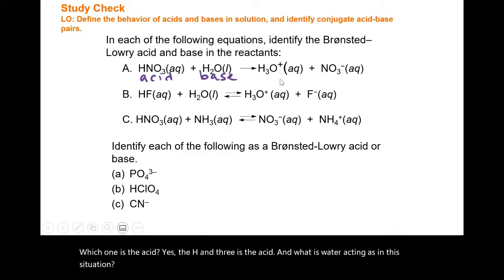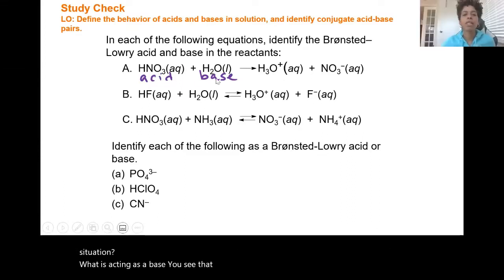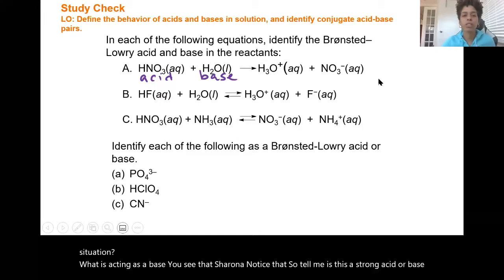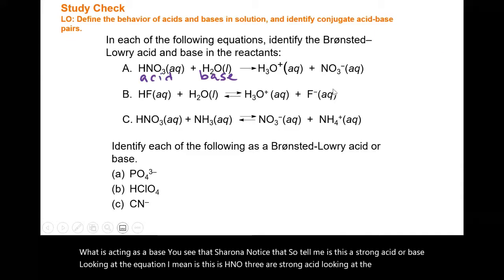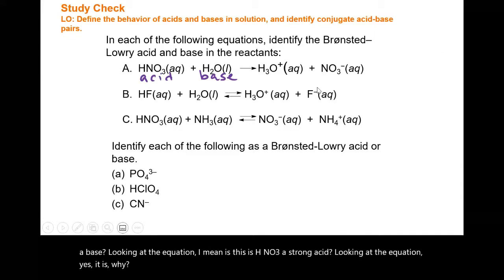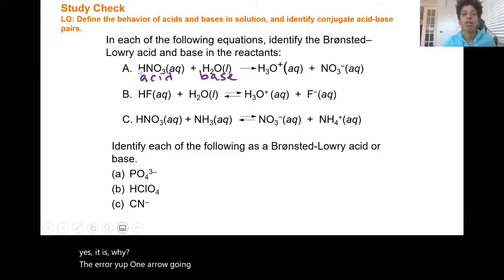Base. Water is acting as a base. You see that, Sharona? So tell me, looking at the equation, is HNO3 a strong acid? Yes, it is. Why? The arrow. Yep, one arrow going forward.